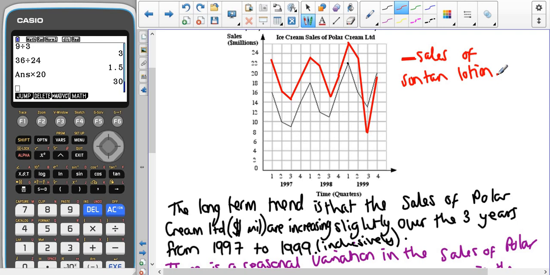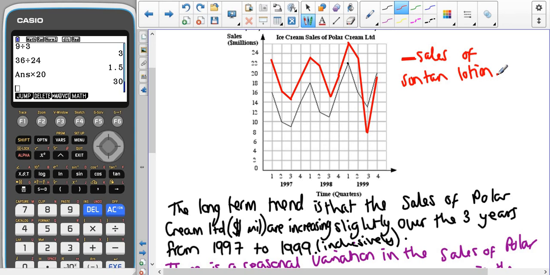And we can also say that most of the time sales of suntan lotion are higher than sales in Ice Cream Limited. However, for the third quarter and the fourth quarter of 1999, sales in suntan lotion dropped below sales of Polar Cream Limited.